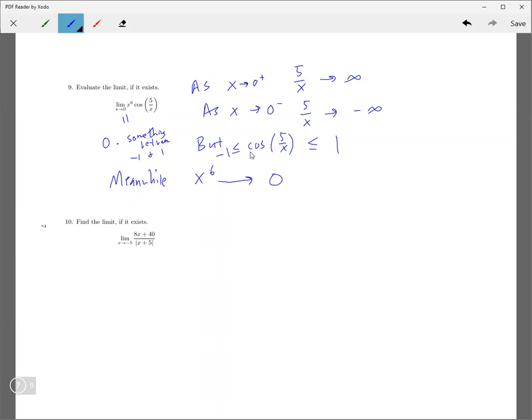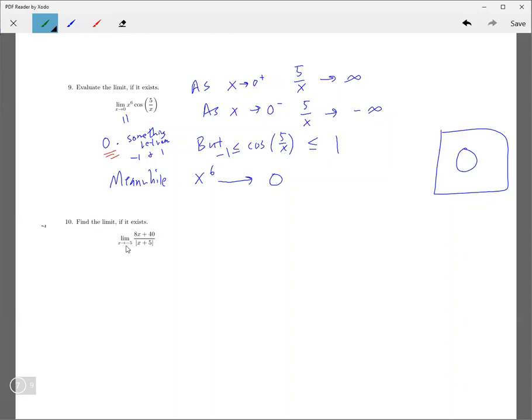And so the answer is just going to end up being 0. Even though this one just kind of fluctuates, it bounces between -1 and 1, this part causes it to go to 0. Because of this right here, and then this one just can't make up its mind.